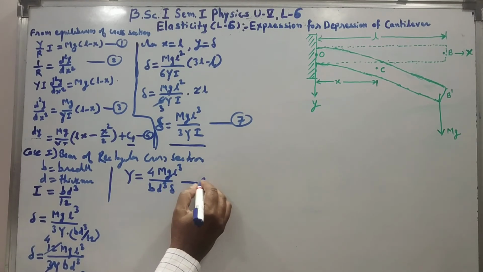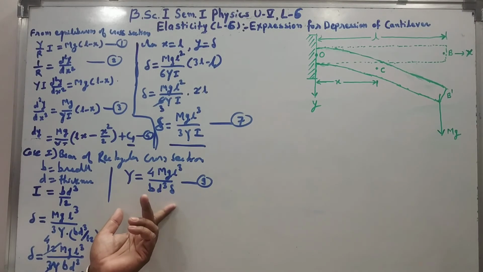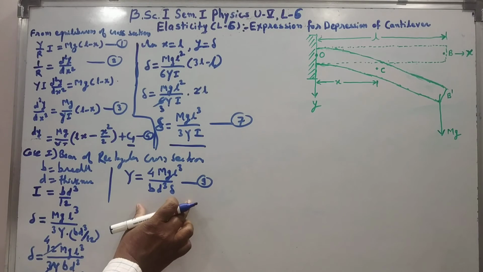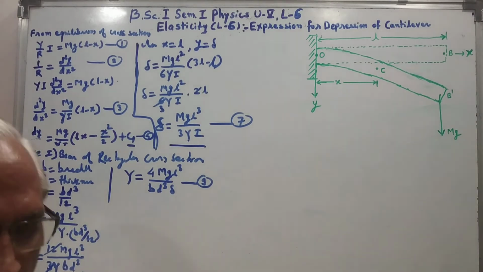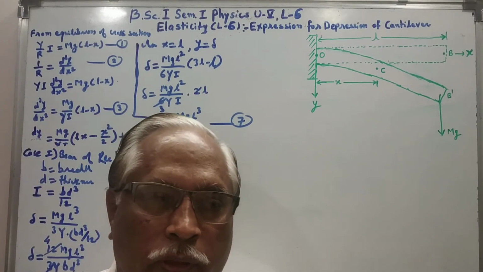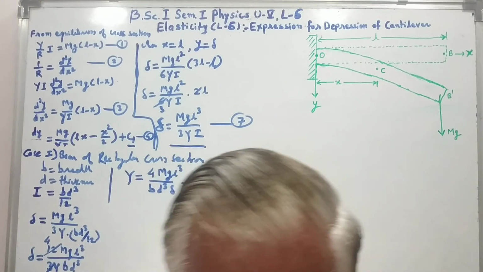This is equation number 9, the expression for the Young modulus of the beam of rectangular cross section.